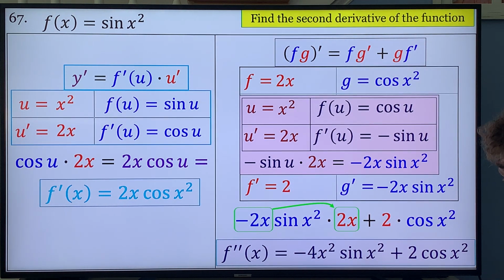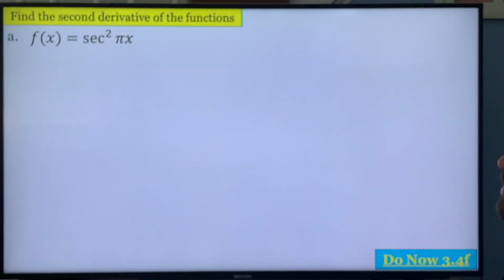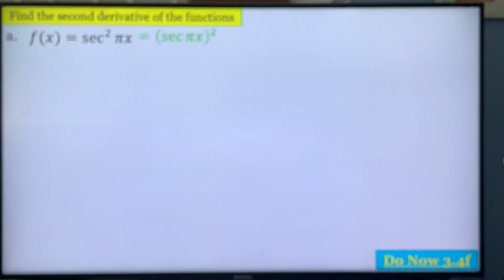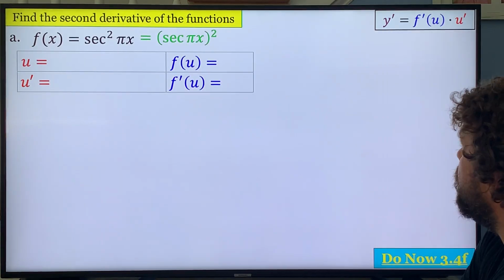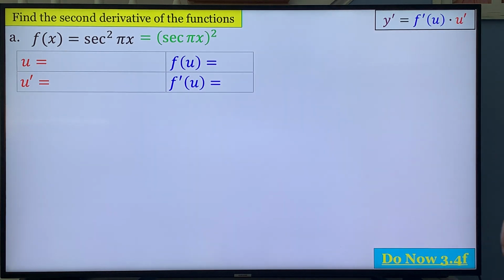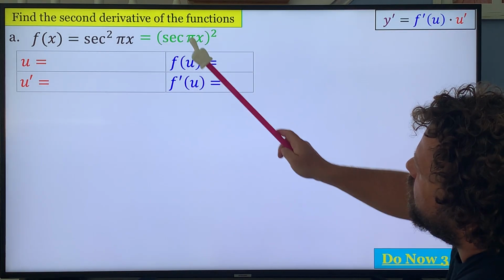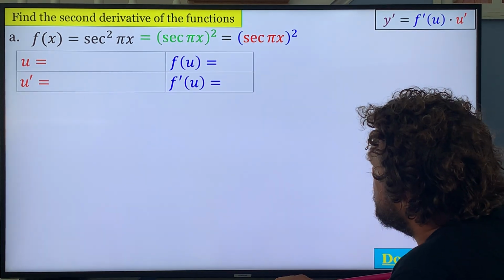Ready for the do now? Problem 68. Find the second derivative. Should be done on campus. All right, so that's secant pi x quantity squared, right? So u, f of u, u prime, f prime of u, all this fun stuff. U is the inside, secant pi x.